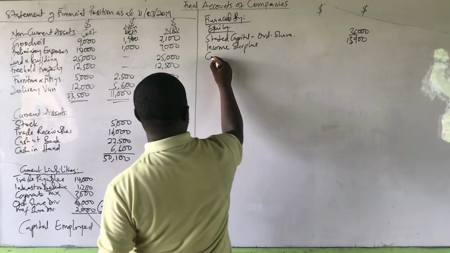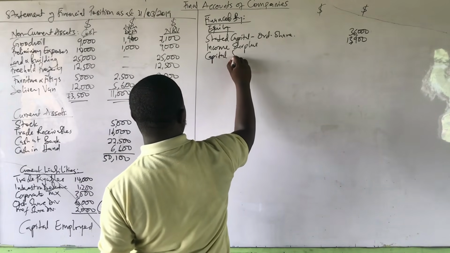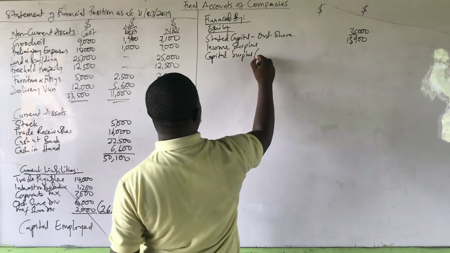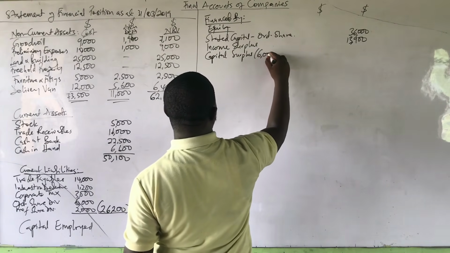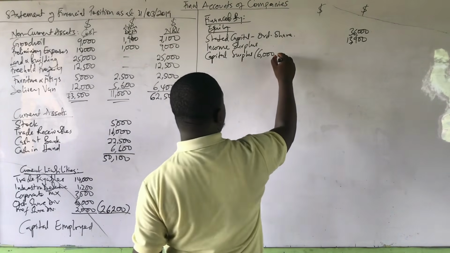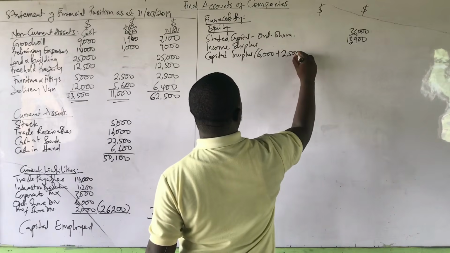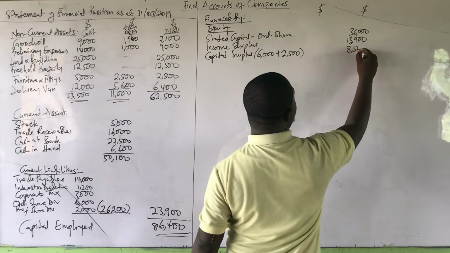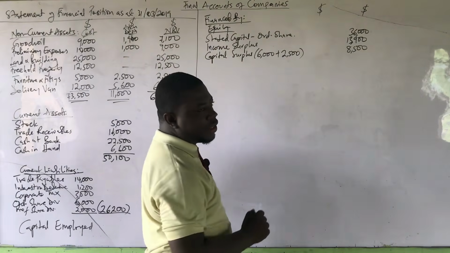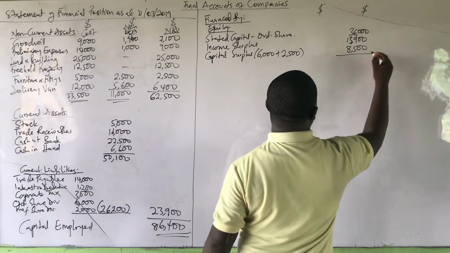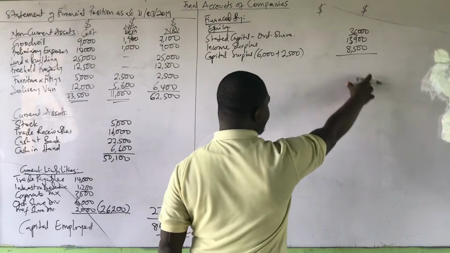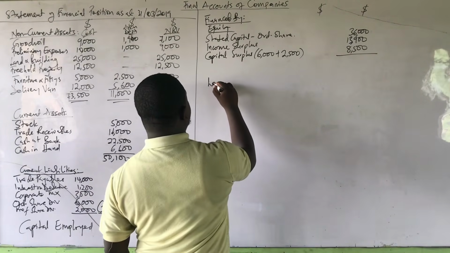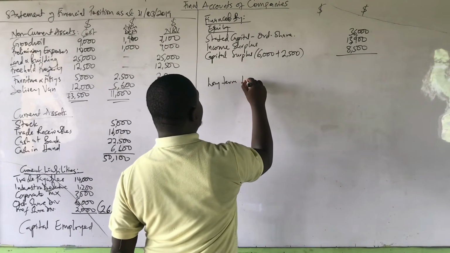And then there was also capital surplus in the question. The capital surplus figure was 6,000 from the beginning, and then we transferred 2,500 from income surplus to capital surplus. So that gives us a total of 8,500 for the capital surplus. And that gives us our total equity figure before we move on to the long-term liability aspects.